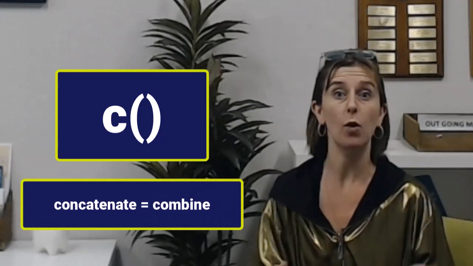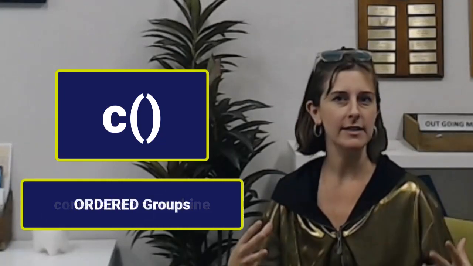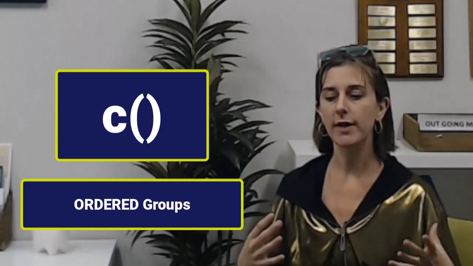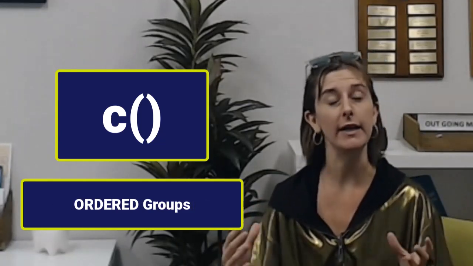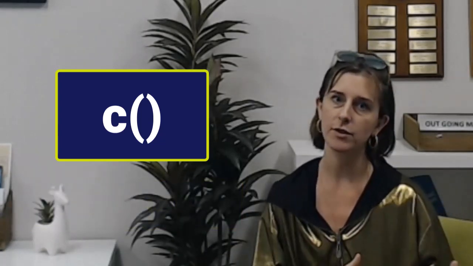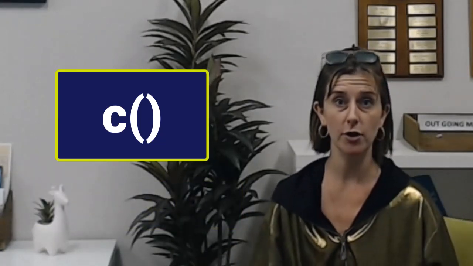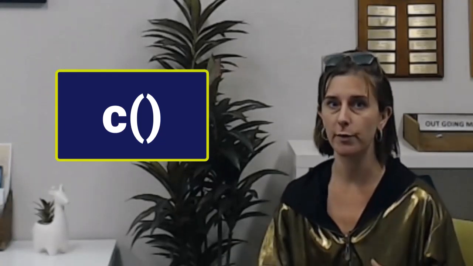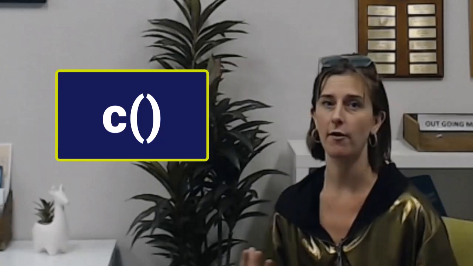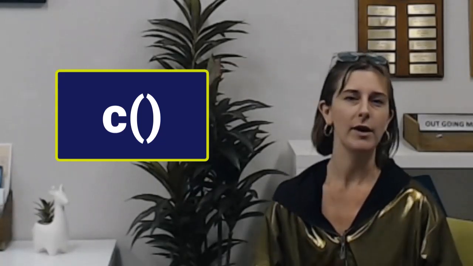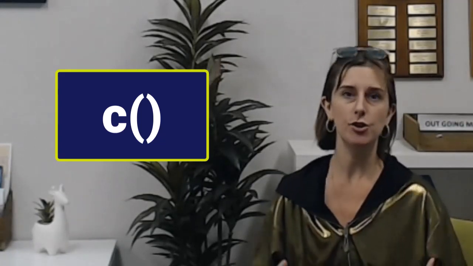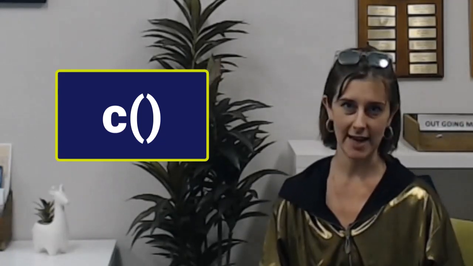It makes groups, ordered groups in fact, lists, vectors, which we'll go over, but essentially you can ask R to combine in order any group of things, whether these things be numbers, a group of numbers we want to use in the future, or often a group of character strings, right? Different names of maybe variables or whatever it is that you want to create a list of names or categories. You can do that with this C.